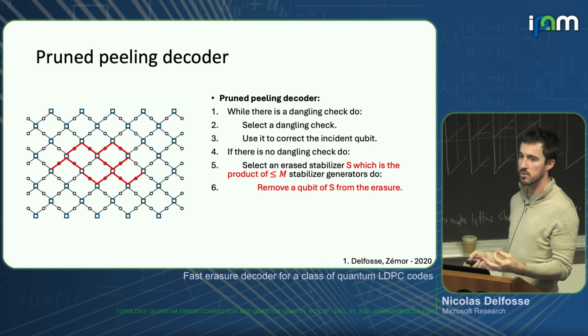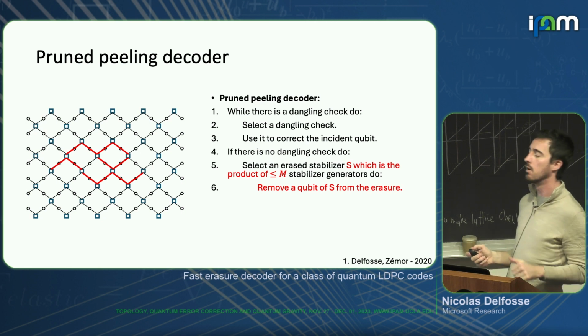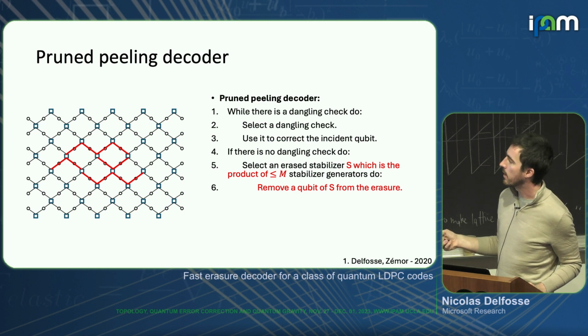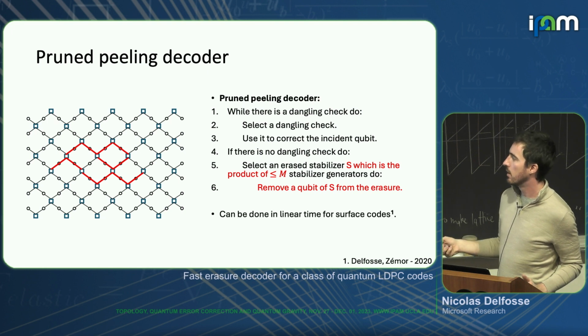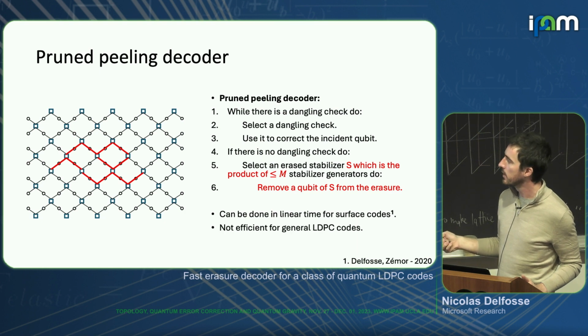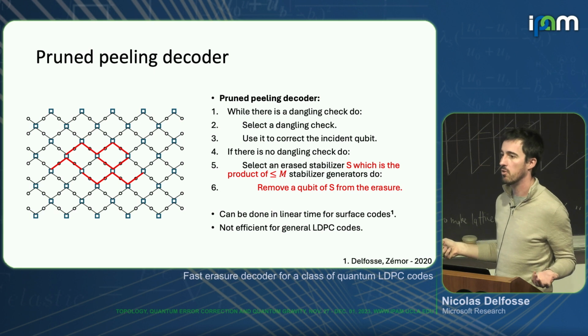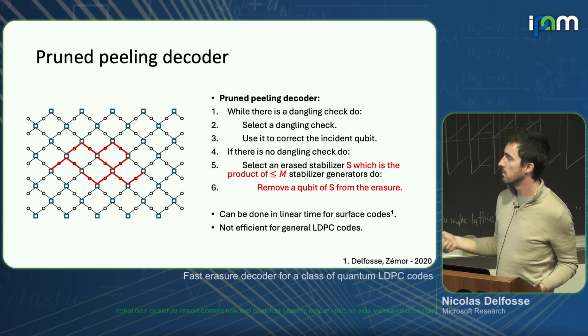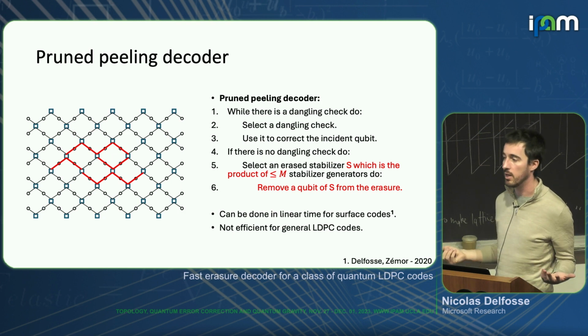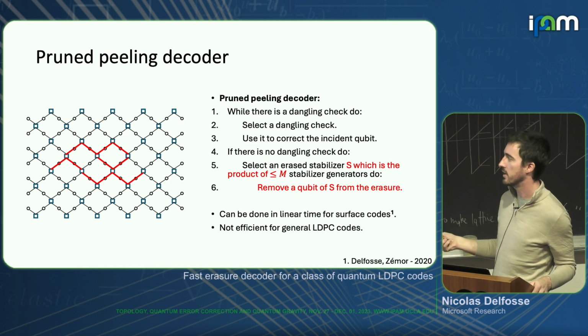So we are allowed to assume that there is no X error on this qubit. But finding this stabilizer is not always trivial. This can be done in linear time for the surface code. It's what we saw with surface codes. In general, we didn't figure out how to do it for general LDPC codes because there is an exponential number of stabilizers. If any of them can be covered, we don't know how to find them.